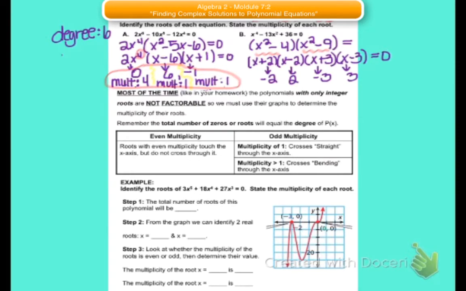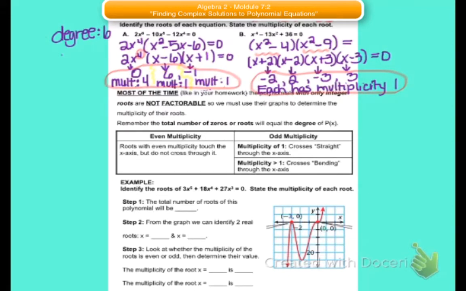And that means that each one of those must have multiplicity of 1. So I have the 4 solutions, each counting for 1. Now, unfortunately, most of the time, like in your homework or in your practice sets, the polynomials with only integer roots are not going to be always factorable.